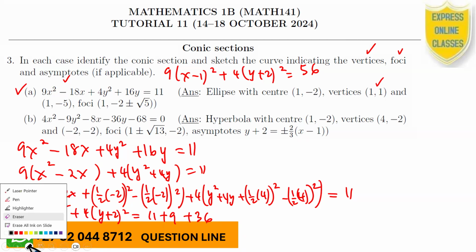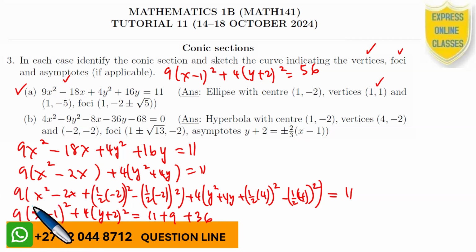So let's look at the trinomials from here to there. This trinomial is going to be exactly x squared minus 2x plus 1. Then we factorize this, and clearly the factors become (x minus 1) squared.